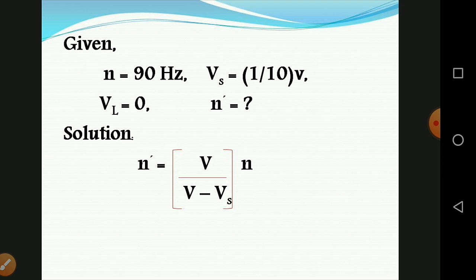The general formula, with vL equal to 0, is n dash equal to v divided by v minus vs, because the source moves towards the listener. When it moves left to right, there is a negative sign. So v minus vs into n.